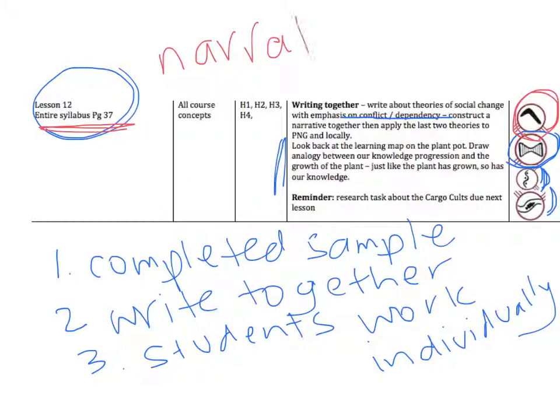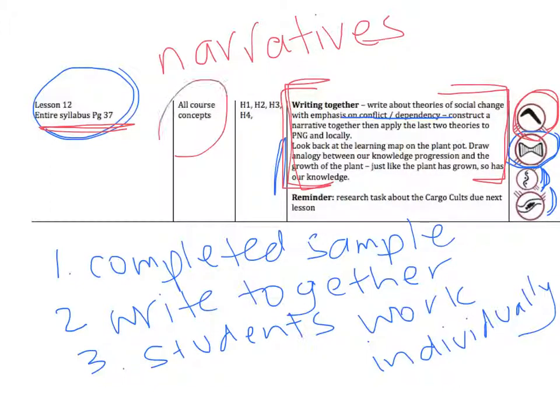So what we want to do now is recall those and structure them in a way that fits the course concepts. So basically all you're doing is calling back up the work that you've done over the last 12 lessons and constructing it in such a way that it fits in with all the course concepts, that it covers off the syllabus points on page 37, and that students can understand it.